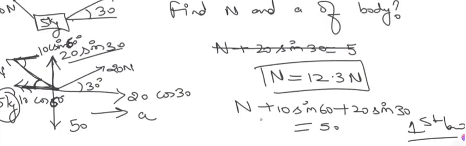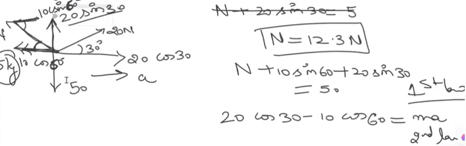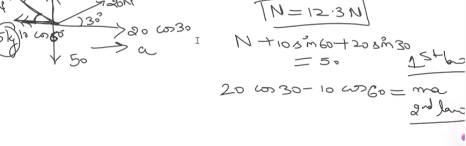Okay. So the very first thing that you will do is you will draw the FBD. After drawing FBD, you will write first the Newton's first law of equation wherever it has been applied. If it is applied in X, you will write the X direction first. If it is applied in Y, you will write the Y direction first. Understood? Yes, ma'am. Okay. After that, you will write the MA direction.